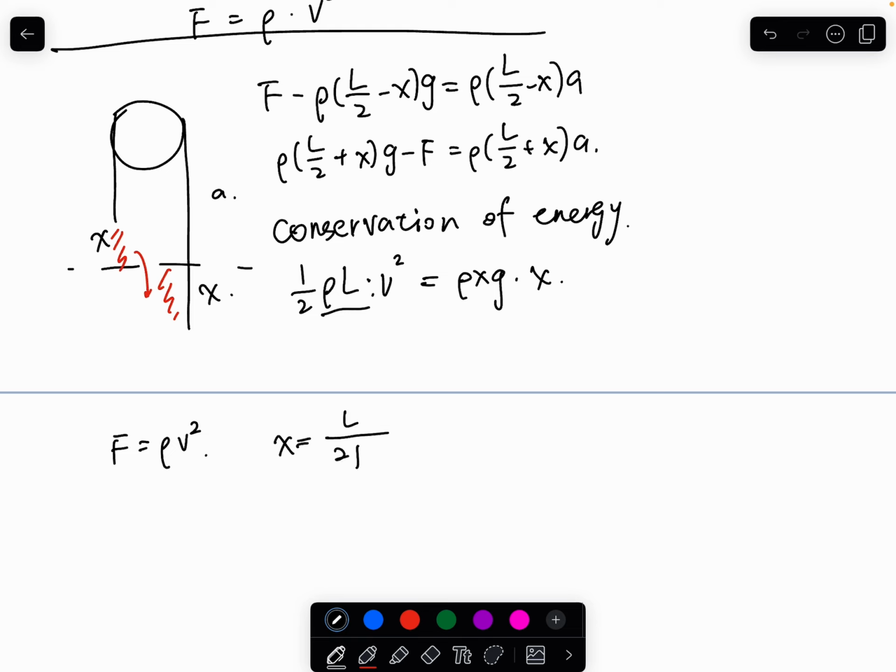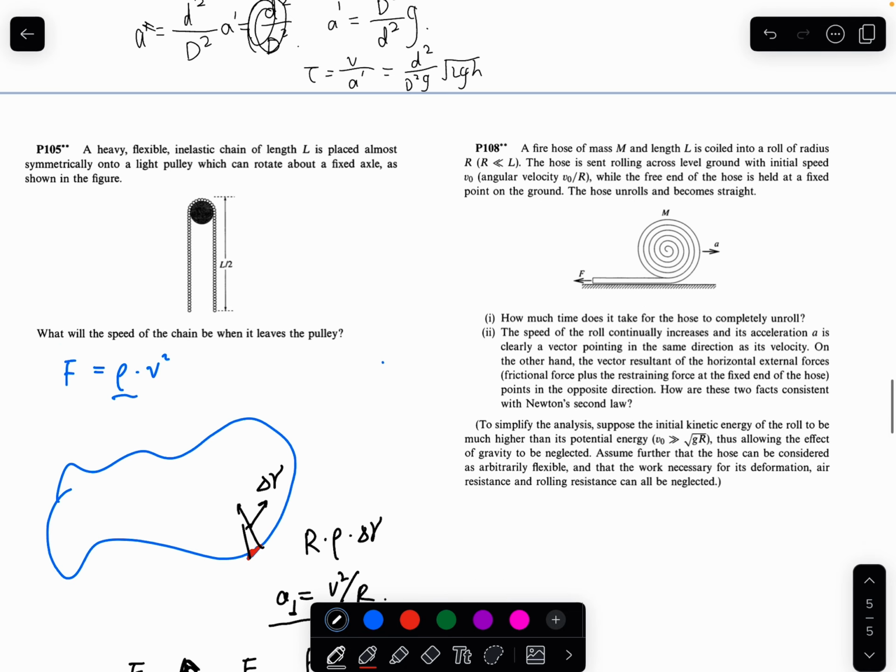we find x equals L over 2 times the square root of 2, and v equals this. So if you just use something like this, it will have a result of this, and it's clearly not a right answer.